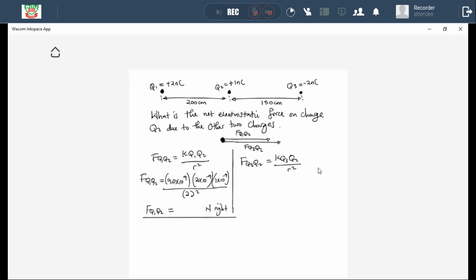I close and I close again. Then I've got my 2, I close, squared. Then everything, I'm getting 4,5 times 10 to the power negative 9.